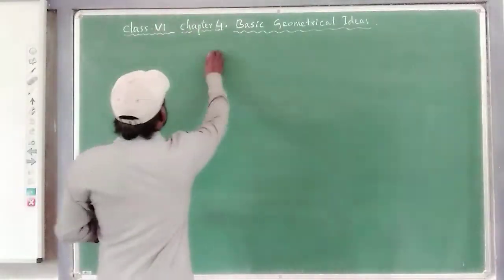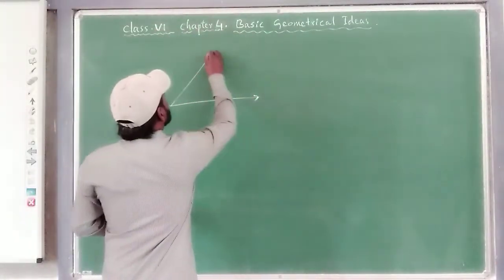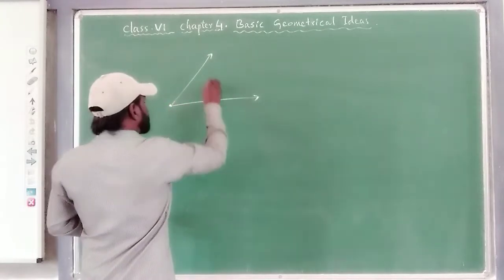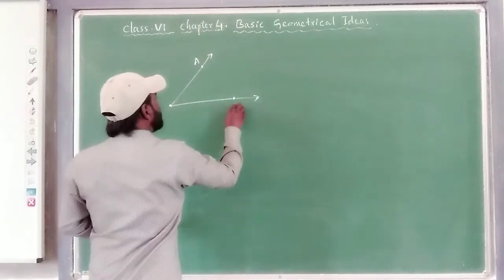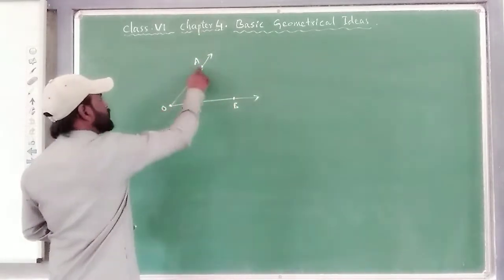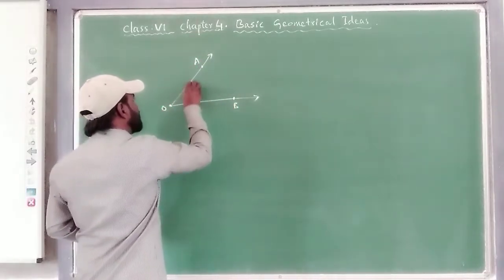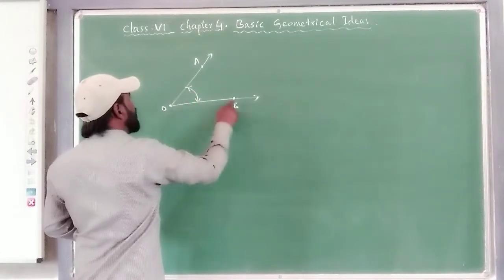For example, if I draw an angle like this, here we are naming the rays A, B, and here O. OA is one ray, OB is one ray, the angle between them is angle AOB or BOA.